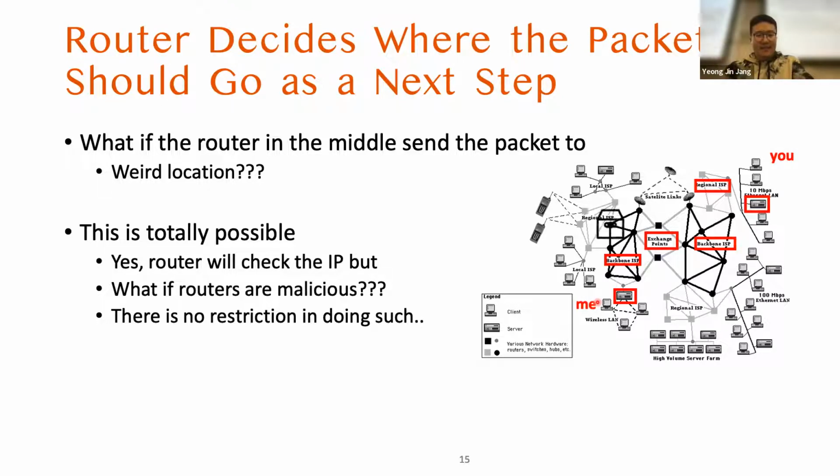For example, what if one of the routers, while you are sending the packet to me, sends the packet to a completely different server? We cannot prevent that. That could happen, and in that case this computer knows the contents of your packet. The internet is designed like this, so it's totally insecure, and this is totally possible.